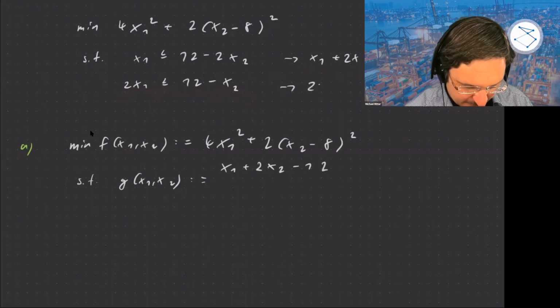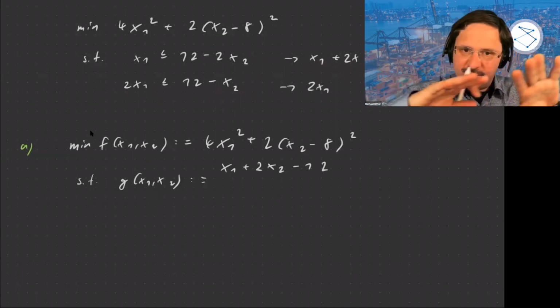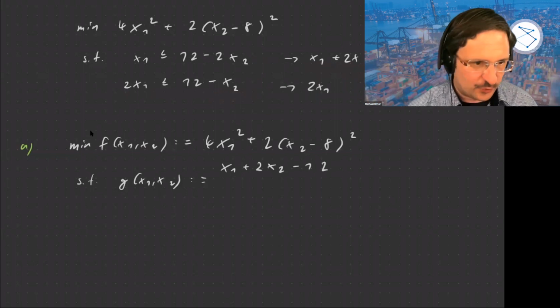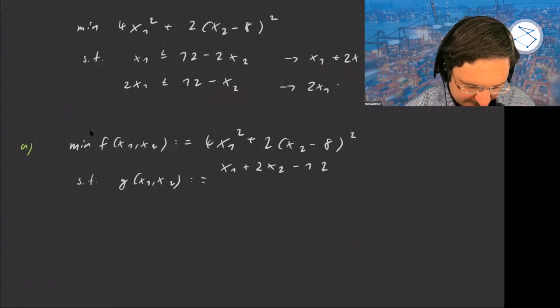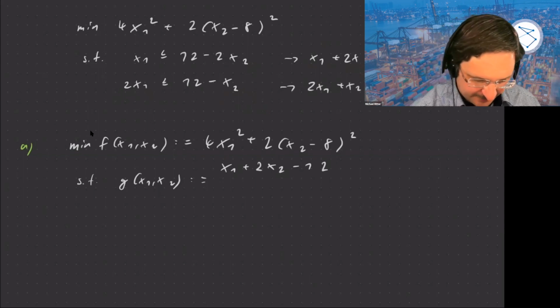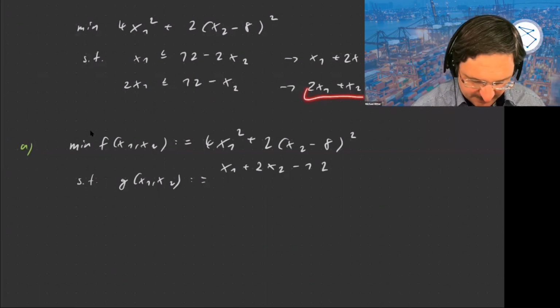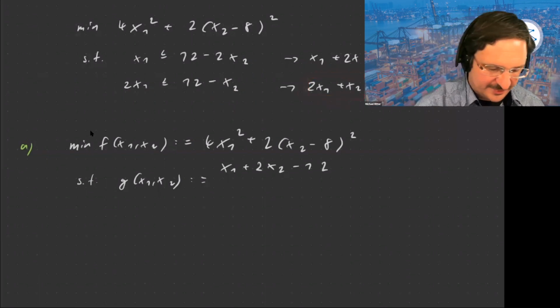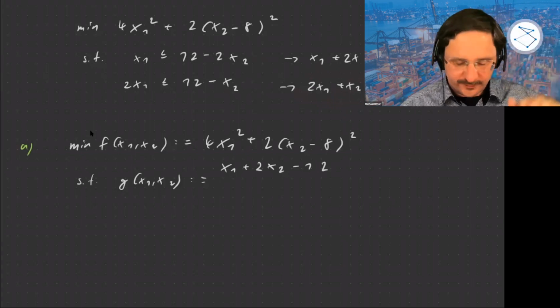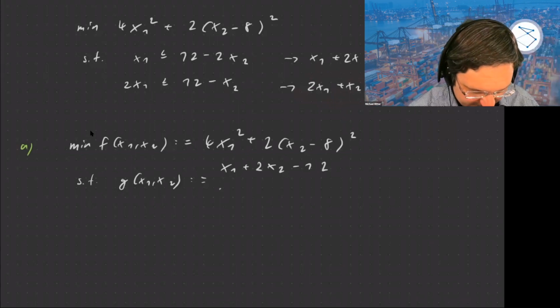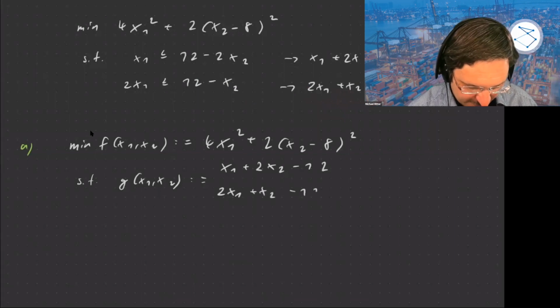Again, we bring everything to the left. So we have 2x1 plus x2 minus 12 is less or equal to 0. That's the desired form here, less or equal to 0. So this part here, the left-hand side, this is the corresponding component of our function g. So that's the second component here, 2x1 plus x2 minus 12.